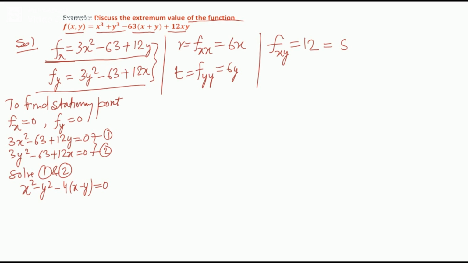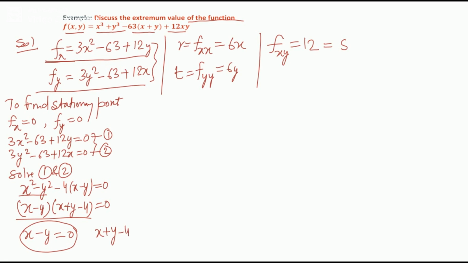We just substitute the value of this minus this, so we get this equation, which is also written as (x minus y)(x plus y minus 4). We just apply the formula a square minus b square and take x minus y as common. Now here we get two relations: x minus y is equal to 0 and x plus y minus 4 is equal to 0.